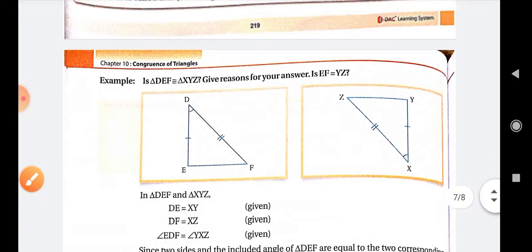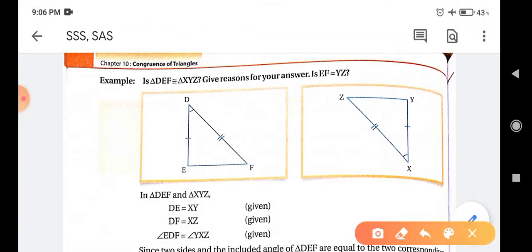Its example is: is triangle DEF congruent to triangle XYZ? Give reasons for your answers. And is EF equal to YZ? We have to prove two things. Firstly, we prove these two triangles, DEF and XYZ, are congruent.